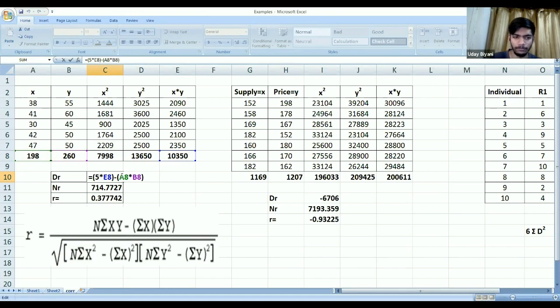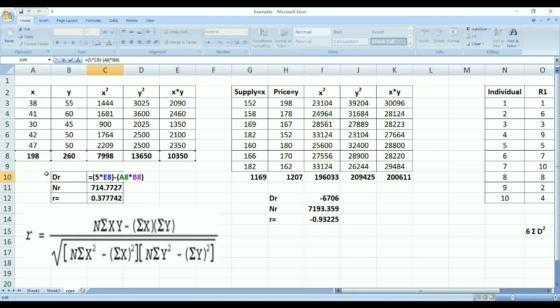Whole bracket karne ka. If you are not doing that bracket, the answer may be wrong. Minus, what is A8? So sum of x into sum of y. So 198 into 260. You can write the number, but I have given the cell number. First, see the formula, what they have done.